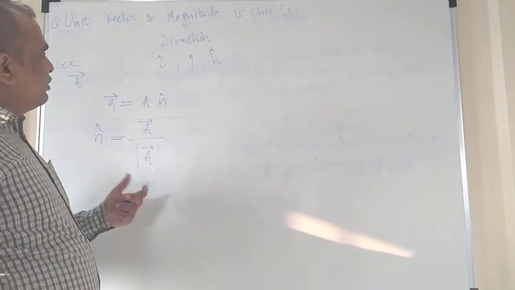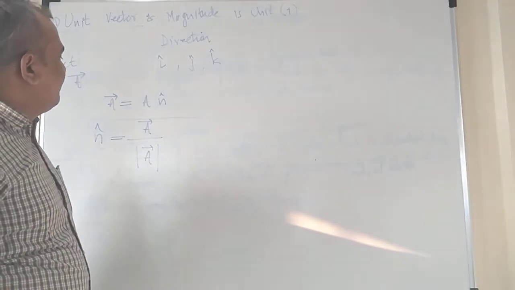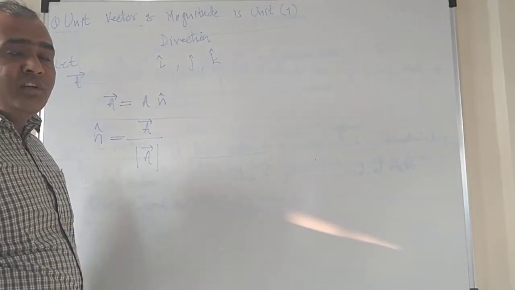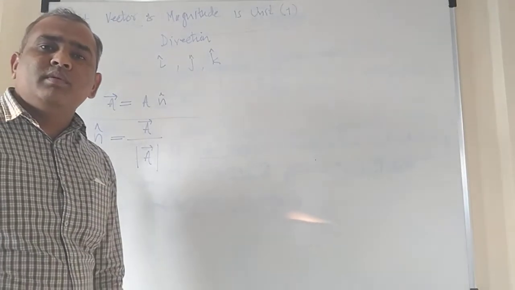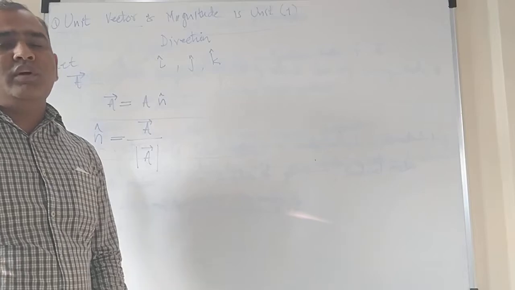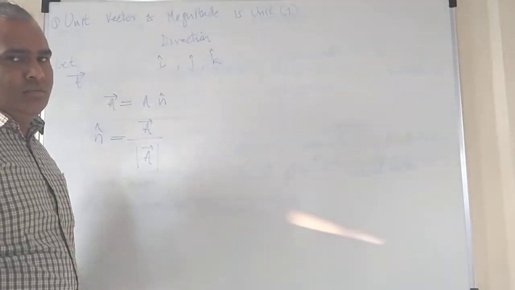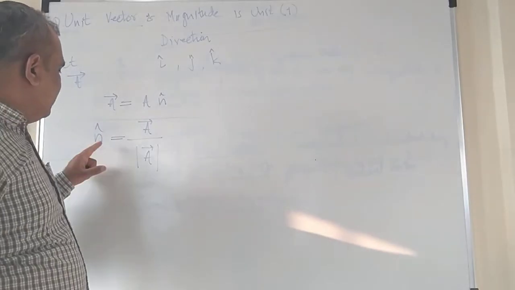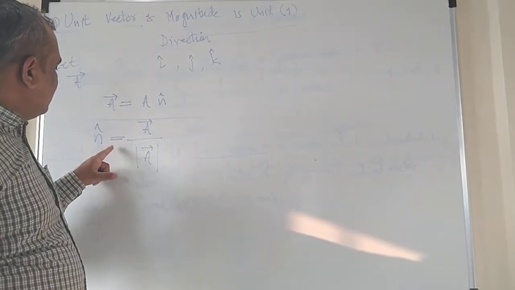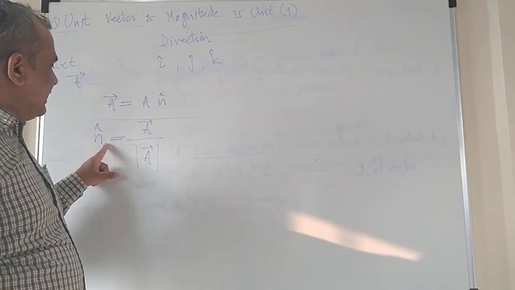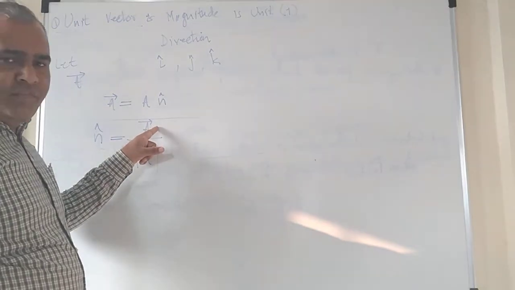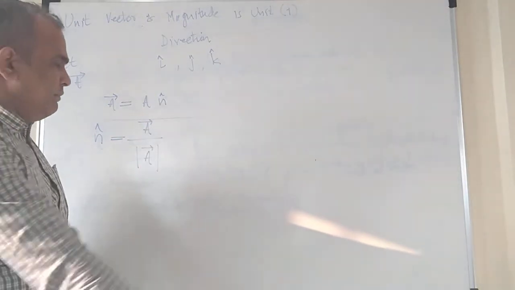In some books the vectors are also represented with the help of bold letters without writing an arrow over their heads, right? So those are also vectors. So n cap, that is a unit normal vector, is equal to a vector divided by its magnitude.